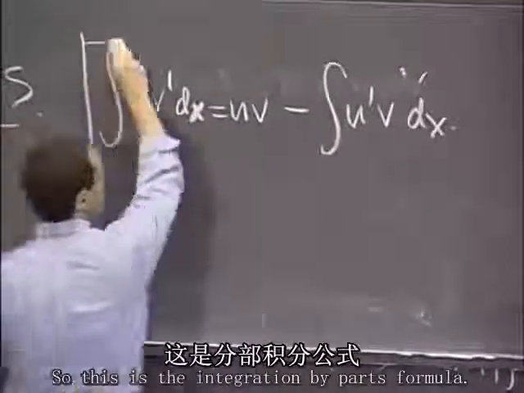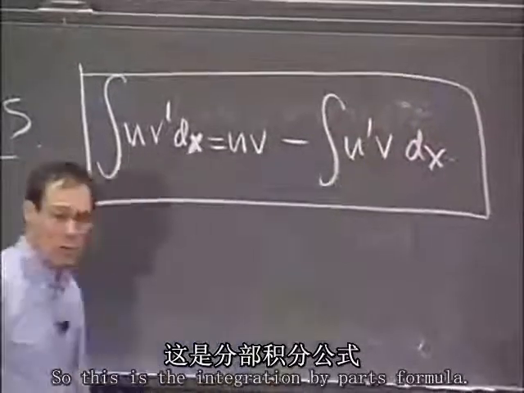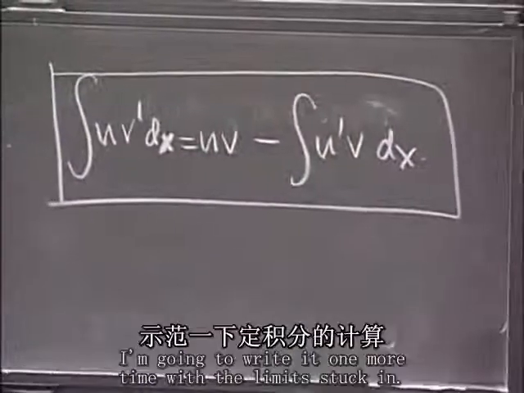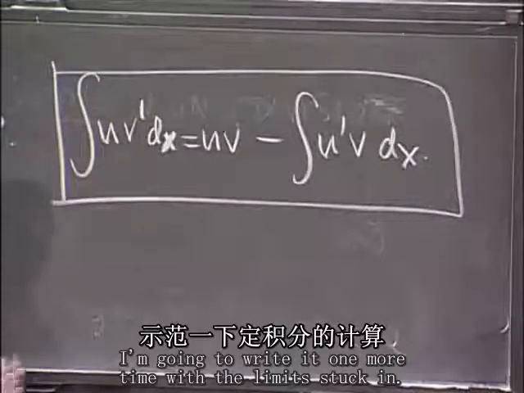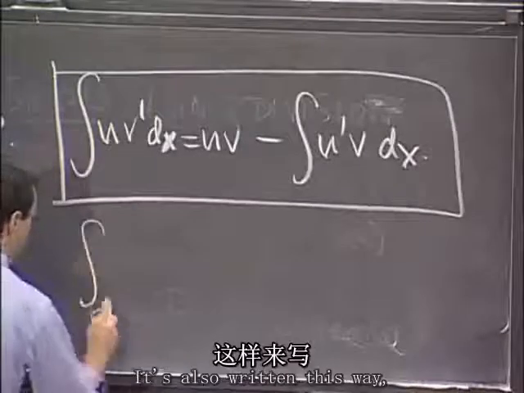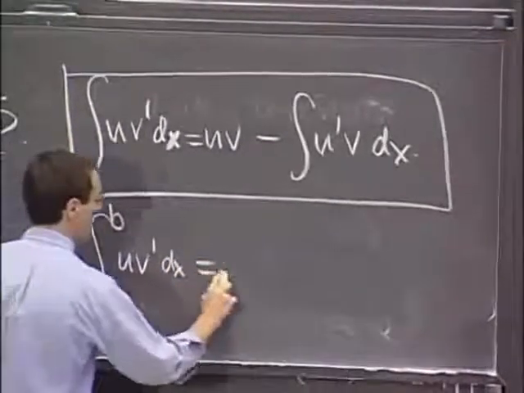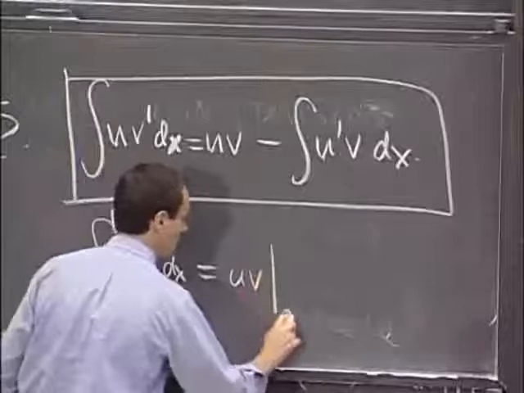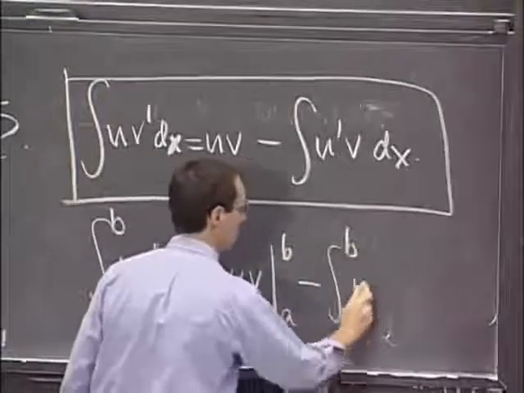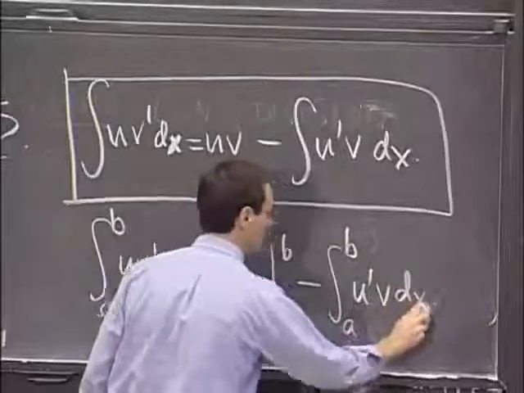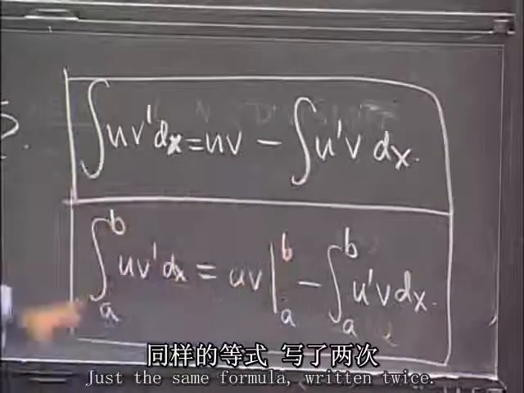Okay, so this is the integration by parts formula. I'm going to write it one more time with the limits stuck in. It's also written this way when you have a definite integral. Just the same formula written twice.